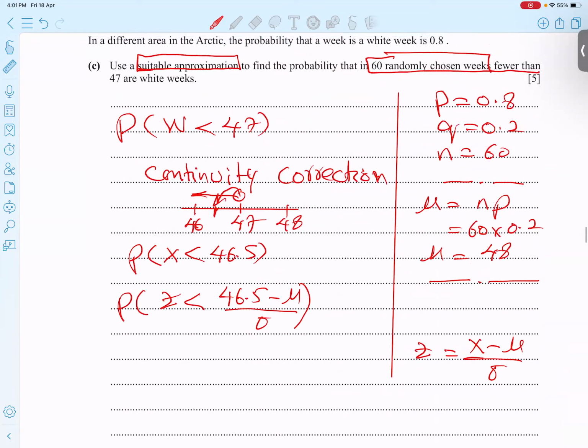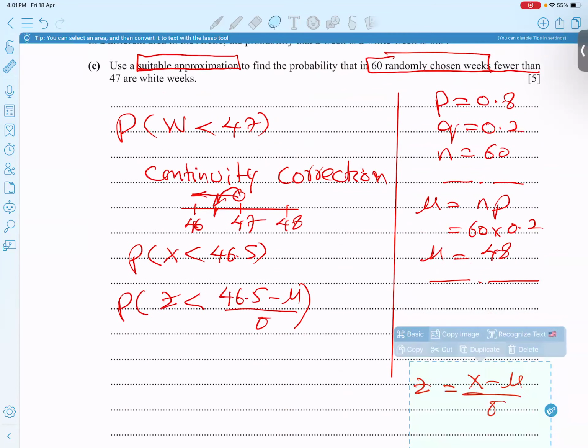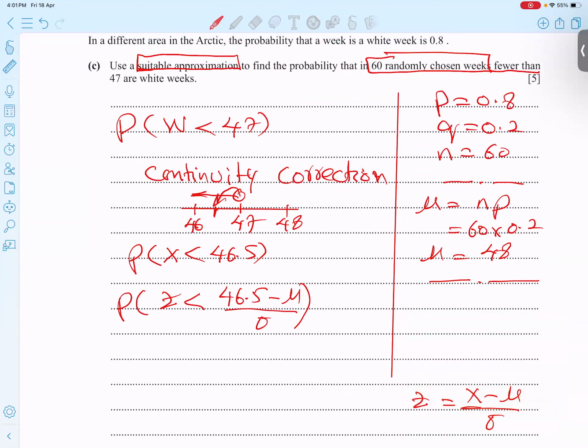For the second number, the deviation is the root of npq, so root of 60 times 0.8 times 0.2. If I type in the calculator, it gives 9.6 inside the root. So this is the deviation.